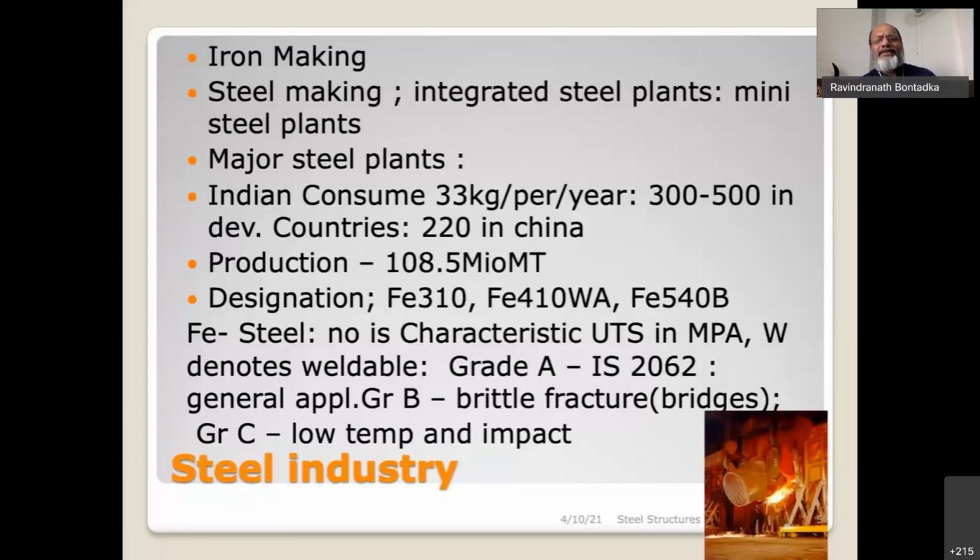Then we have mini steel plants, where small ingots are taken from the integrated steel plants and re-rolled. The major steel plants, as I mentioned, are about 6. We have them in Bokaro, Vizag, and Jamshedpur. All these contribute.